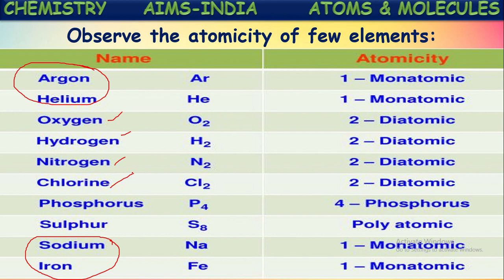Can you give an example for a triatomic element? Yes, exactly. A triatomic element is ozone. Earlier we have seen about this ozone. This is one of the gases present in the upper layers of the atmosphere, that is, in the stratosphere, which protects us from the harmful radiation coming from the sun.